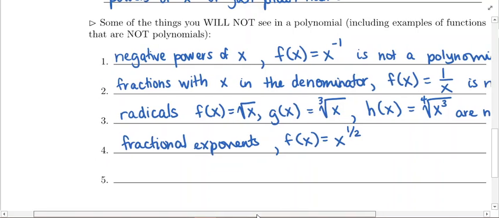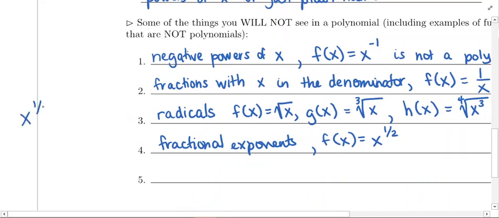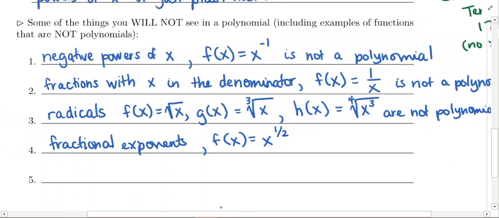And actually, we'll talk about this later in the semester, x to the 1/2 is the same thing as the square root of x. x to the 1/3 is the same thing as the cubed root of x. We can't have radicals, and we can't have fractional exponents because they are the same as radicals. Or let me make up another one: x to the 3/5 power. These are not polynomials.